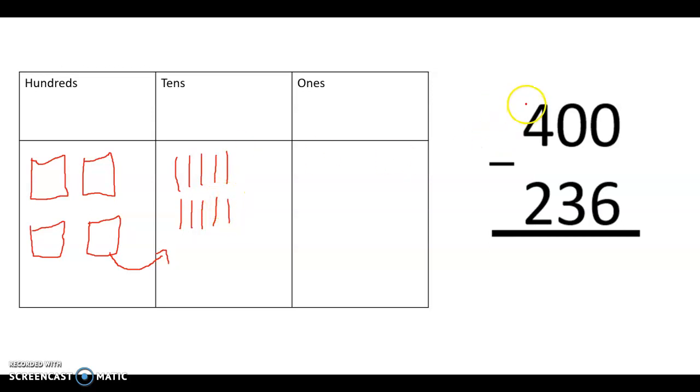Great, so what I've just done, cross that out, which means this 100 is no more. It is all gone. It's completely gone. I'm going to scribble it out. Goodbye. And it's over here now.